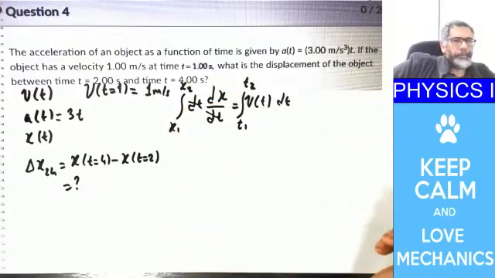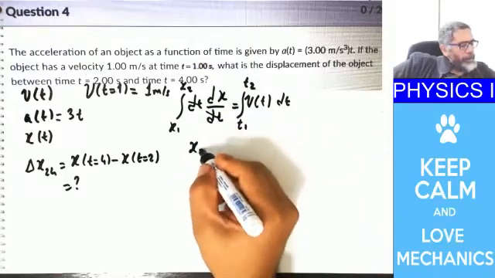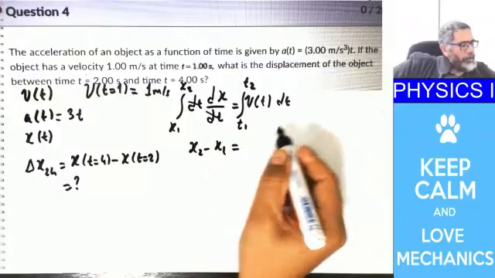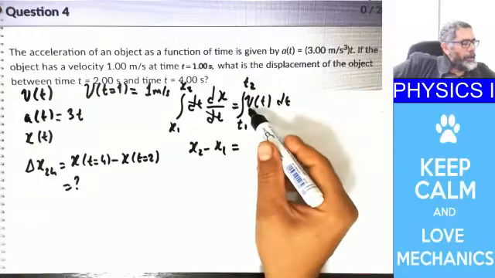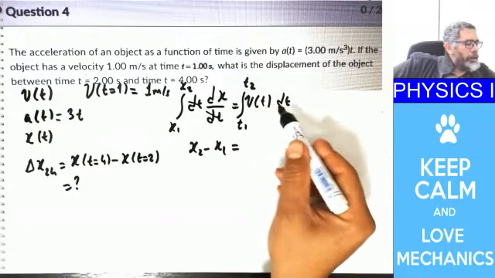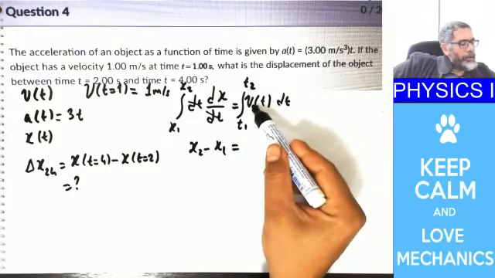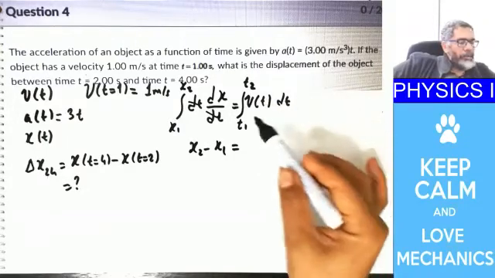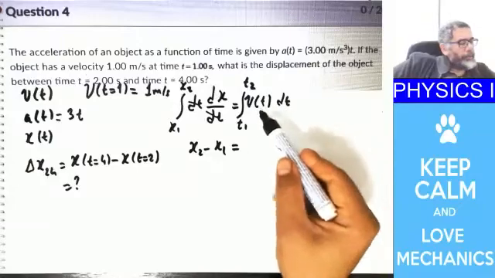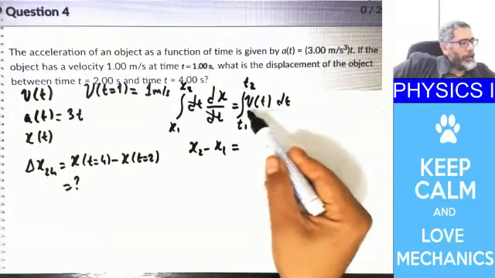Okay, so if you solve this, on the left hand side you have x2 minus x1. On the right hand side you have to take this integral, and we have a function of time. So in order to solve this integral, we have to know what the velocity is as a function of time. Okay, so we cannot proceed from here. We have to first know what is this function v(t), and how do you find this function.